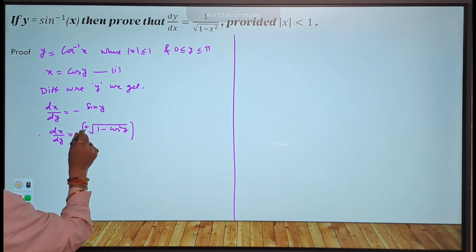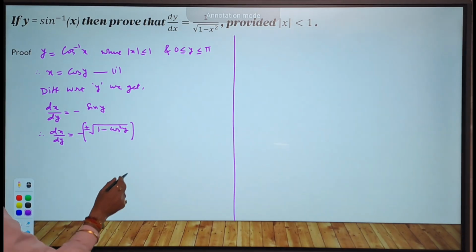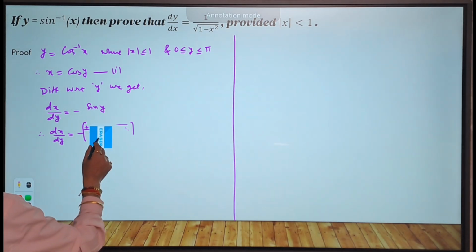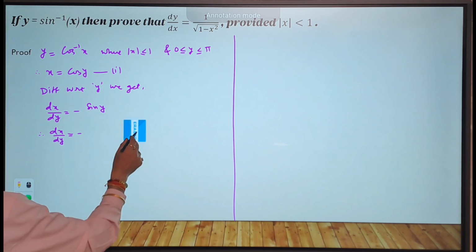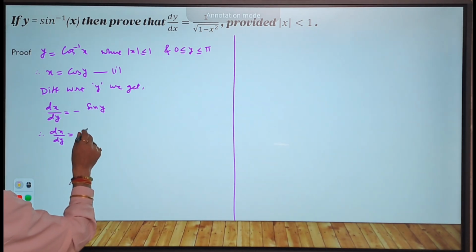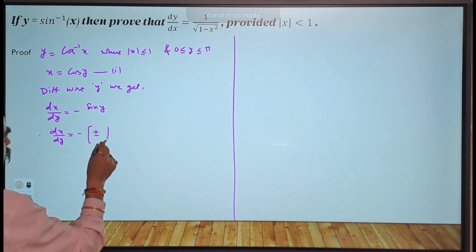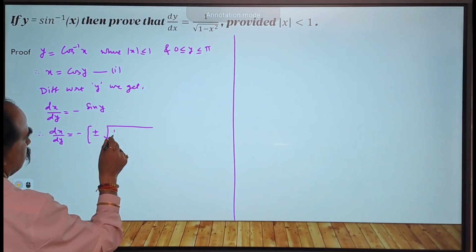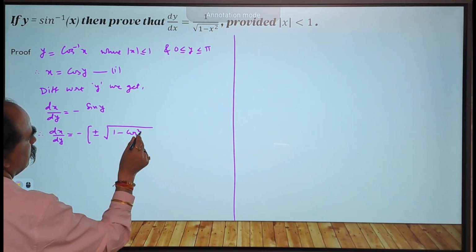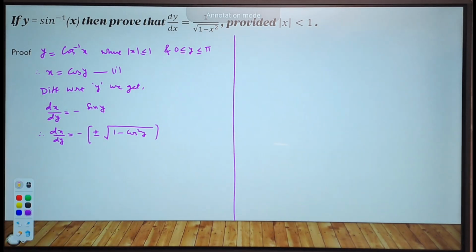When you are writing root, it will be plus minus, this minus is there, plus minus root 1 minus x square, and cos y is what? X.